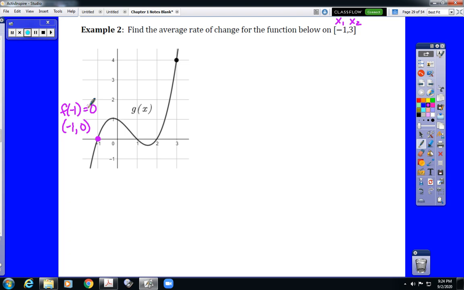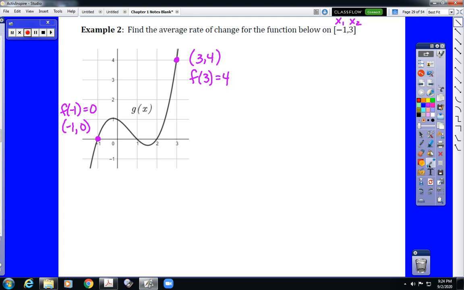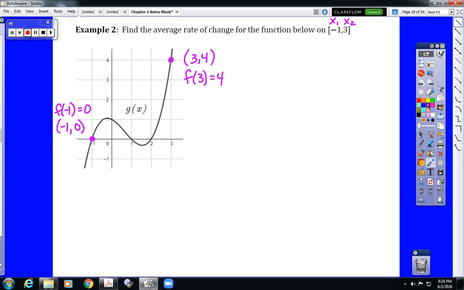At x equals 3, our function is up here at this point, okay, the point 3, 4, because f of 3 equals 4.